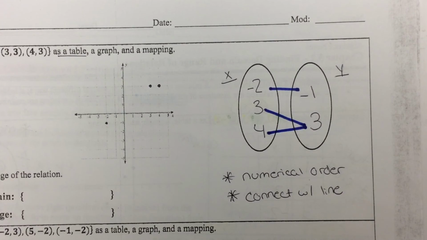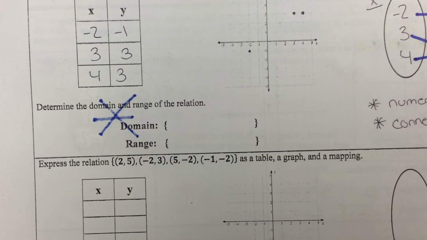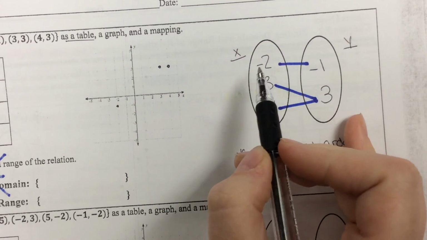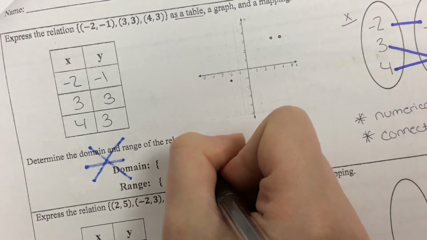So this will be our mapping diagram for this one. Okay, last but not least, write this as domain and range. Our domain is -2, 3, and 4. And our range, just -1 and 3.